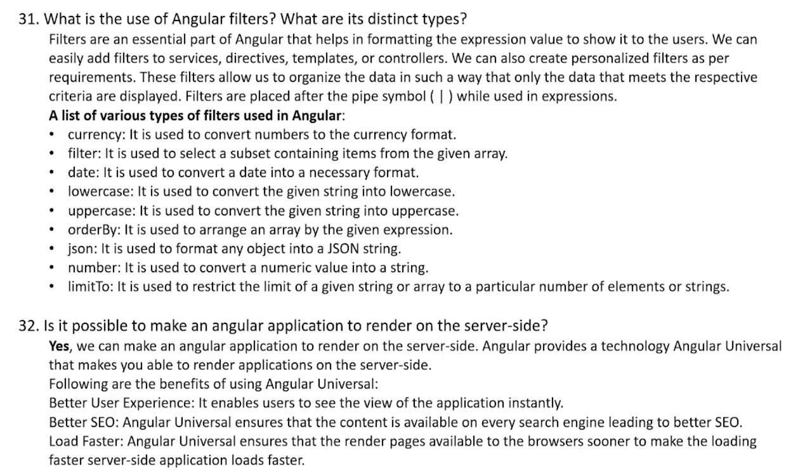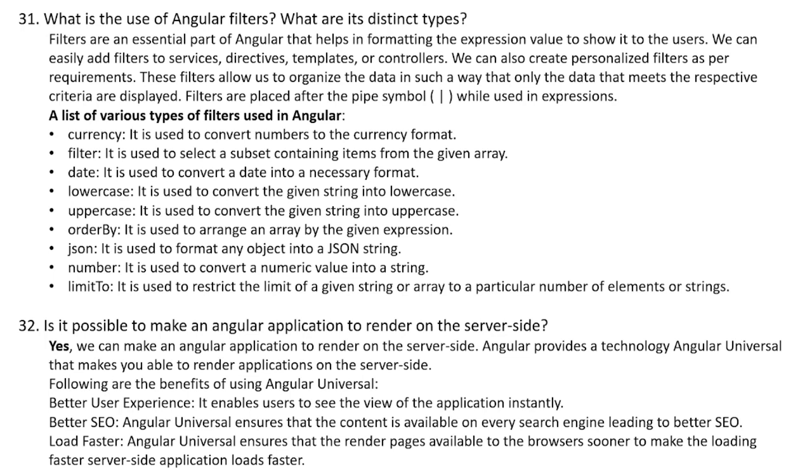It is used to convert the given string into uppercase. Order by. It is used to arrange an array by the given expression. JSON. It is used to format any object into a JSON string. Number. It is used to convert a numeric value into a string. Limit to. It is used to restrict the limit of a given string or array to a particular number of elements or strings.